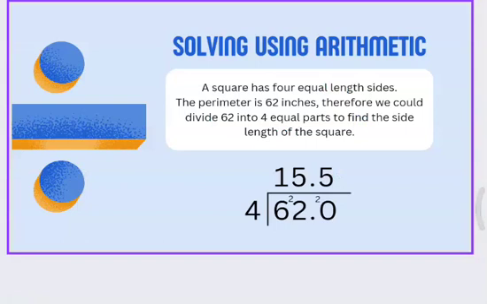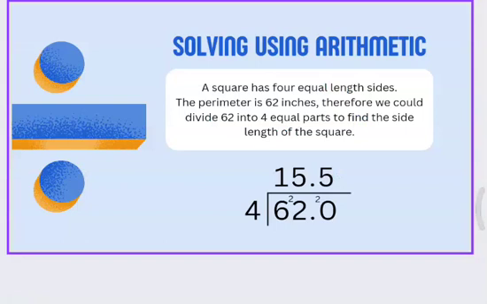A square has four equal length sides. I believe we all know that before now. The perimeter is 62, so we are taking an instance of a square that has a perimeter of 62 inches.